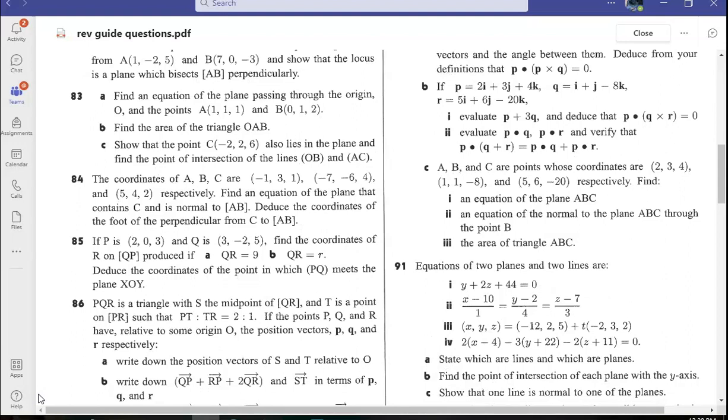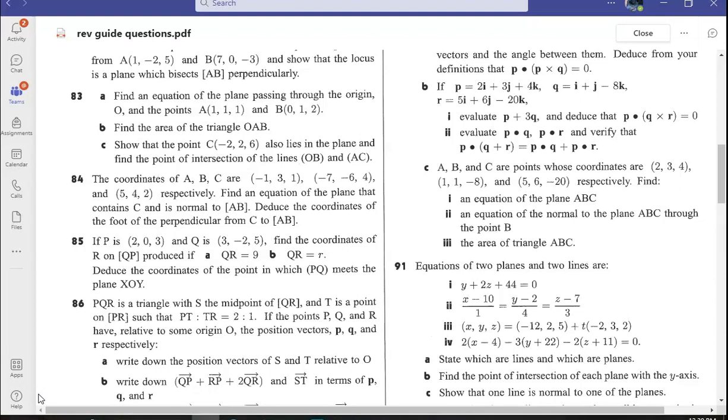Could everybody be able to do C part 1? We've got 3 points. How would you find the equation of the plane ABC, Kelly? You'd create 2 vectors using the points, and then use cross product on the 2 vectors to get the normal vector, and then sub it in.